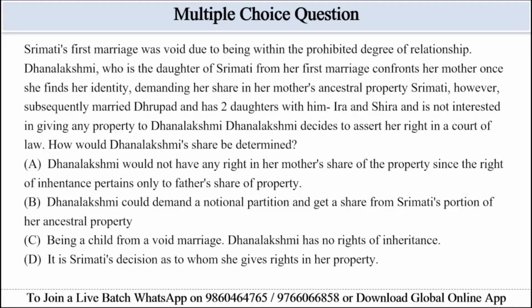While in case of option D, it is Smriti's decision as to whom she gives right in her property. This one is wrong. Inheritance is governed by law, not personal discretion. Hence, only option B, Dhanalakshmi could demand a notional partition and get a share from Smriti's portion of her ancestral property, is the correct answer here.